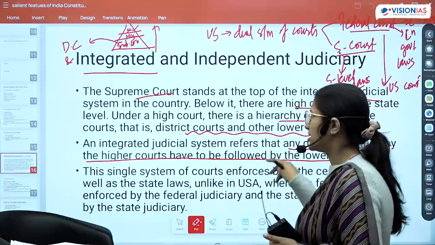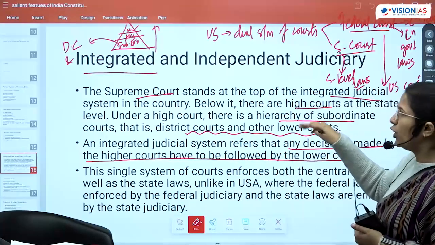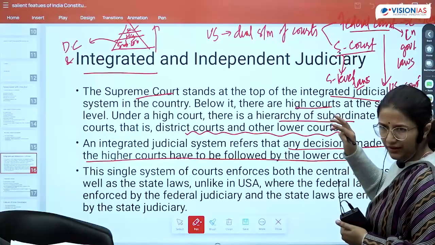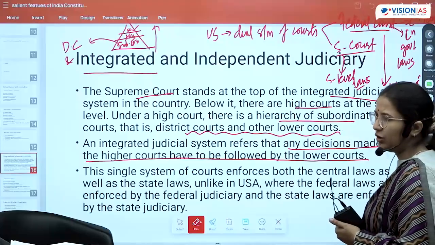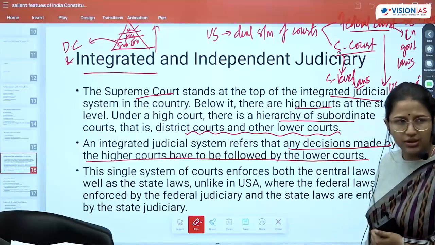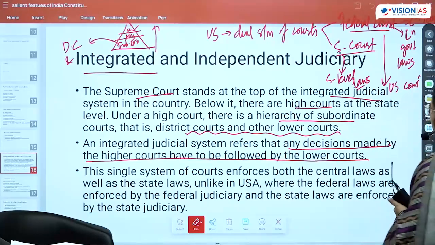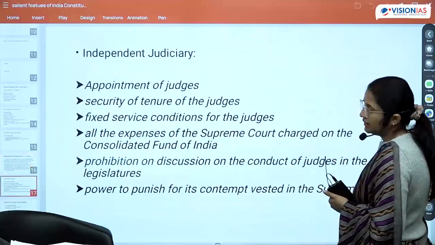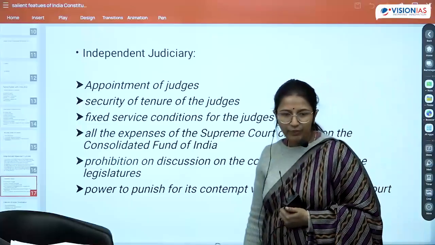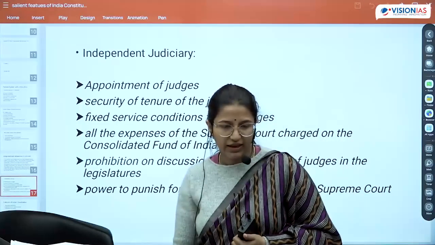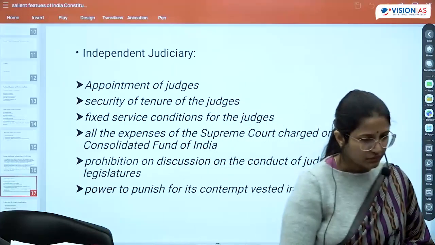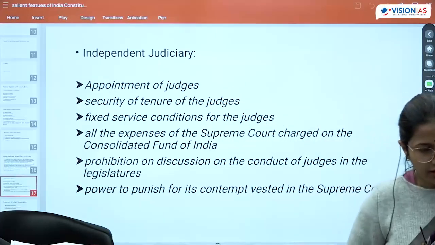Yes, and in a single system of court, all the courts, at the state as well as at the federal level, the Supreme Court as well as the High Court, are going to enforce both center and state laws, unlike as is the case in the US. Then we also have an independent judiciary.